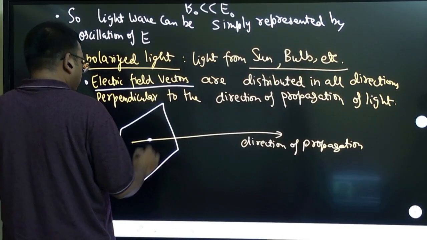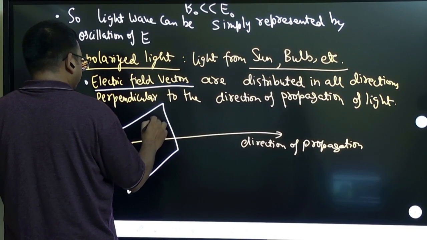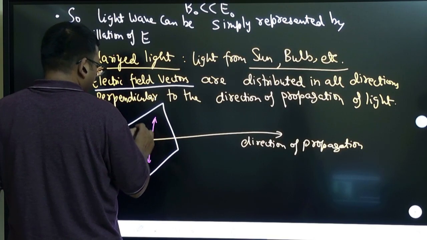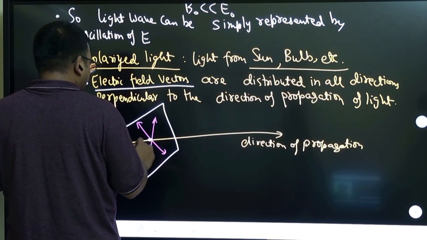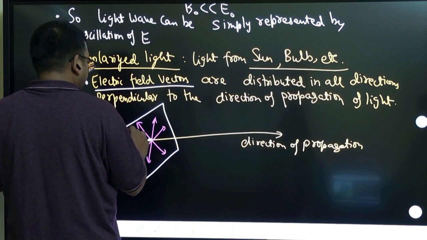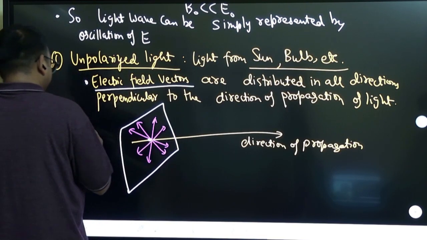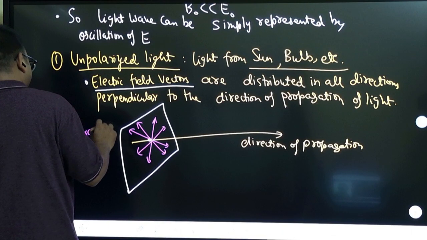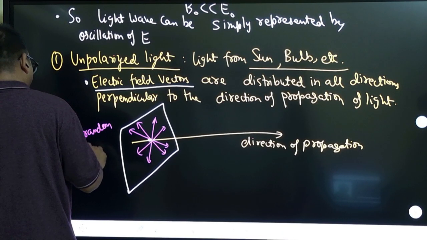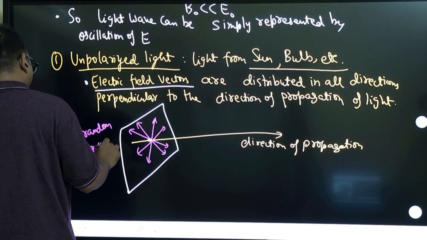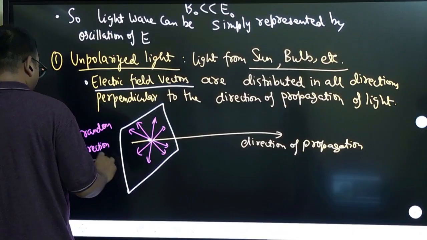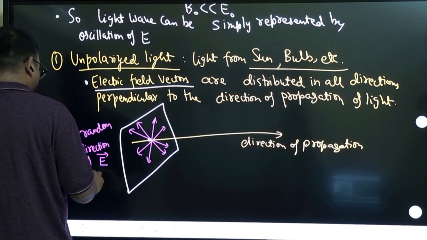Now in this plane, the electric field can vibrate or oscillate in any direction. This way, this way, this way. All random directions, random direction of electric field oscillation.